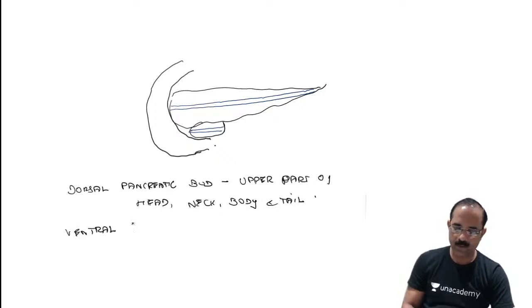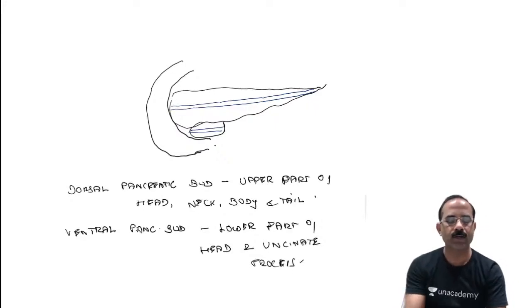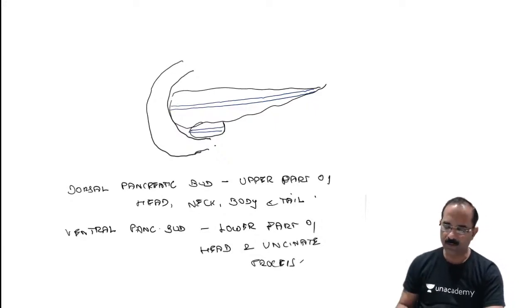The ventral pancreatic bud forms the lower part of the head and the uncinate process. This you should know. This you have to know. So lower part of the head and the uncinate process.